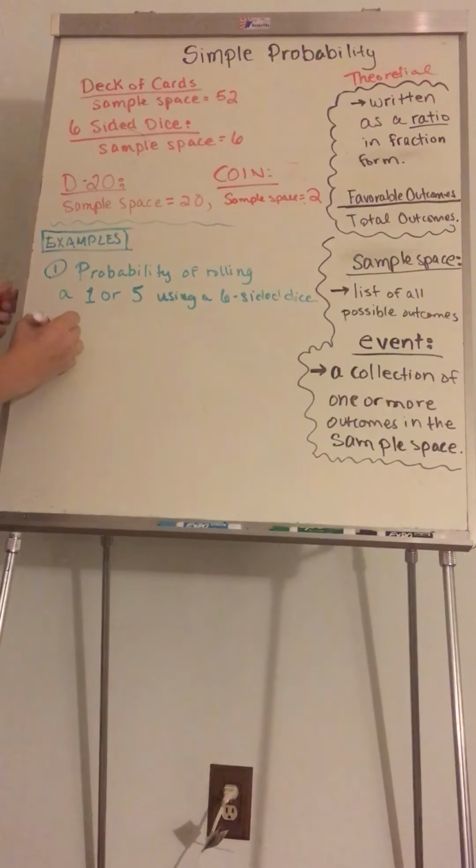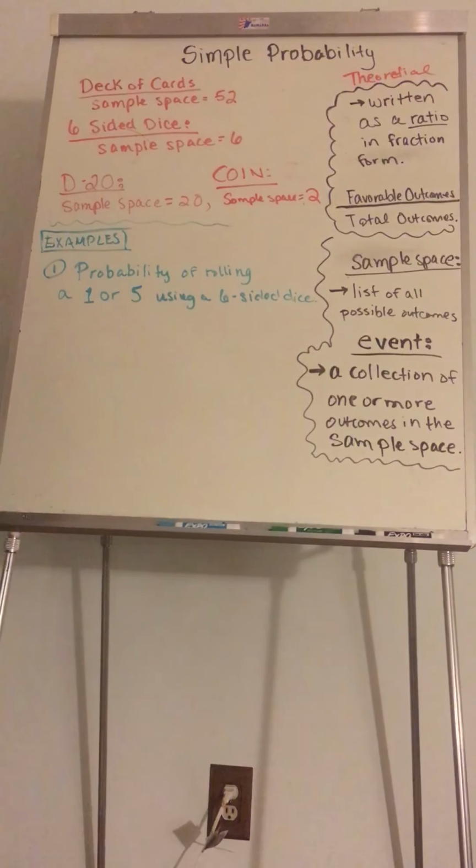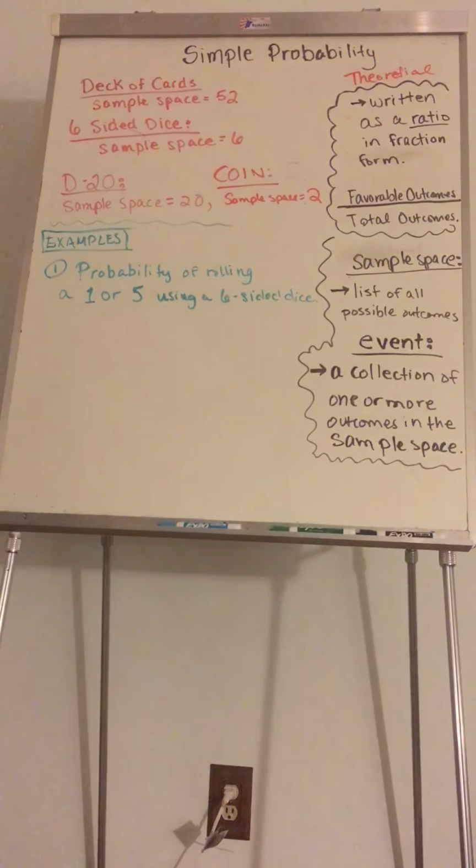One would be like, say, 2 to 3 with a colon, or 2 to 3, or 2 over 3. We are going to be using fraction form, okay? So basically your fraction is the number of favorable outcomes, or what you want to happen, over the total number of possible outcomes when you do an experiment, okay?